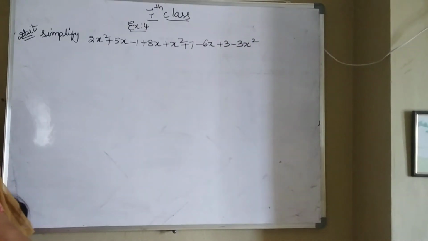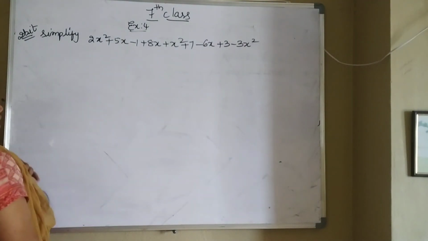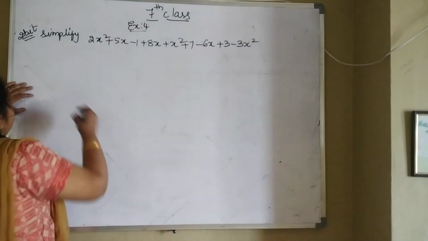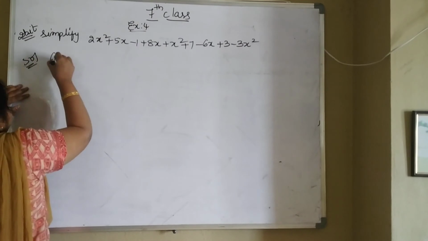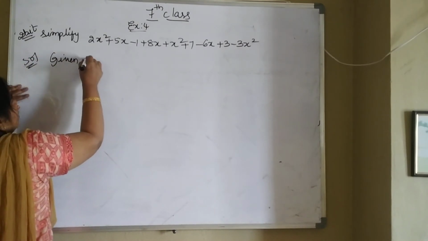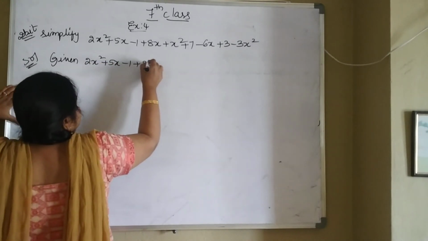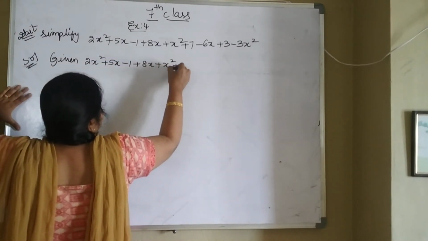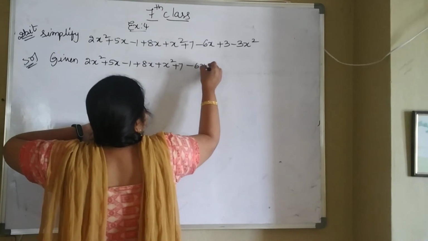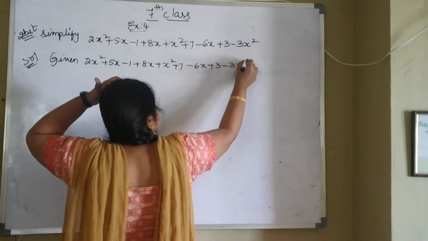Okay, so we have to simplify this. Just add the values. First see the like terms. Given 2x square plus 5x minus 1 plus 8x plus x square plus 7 minus 6x plus 3 minus 3x square.